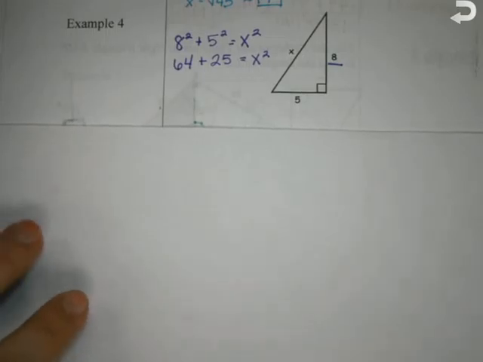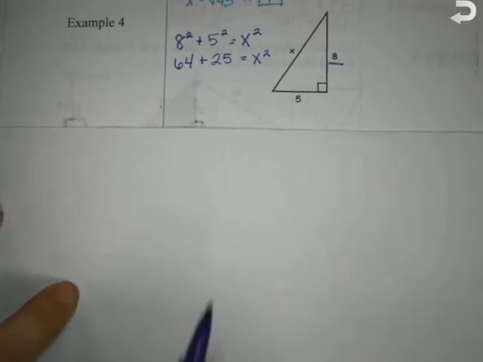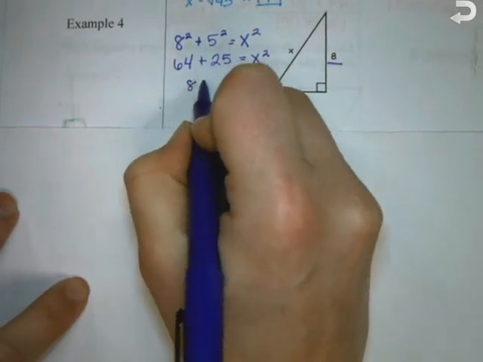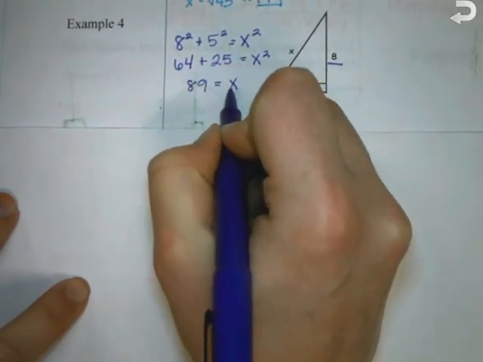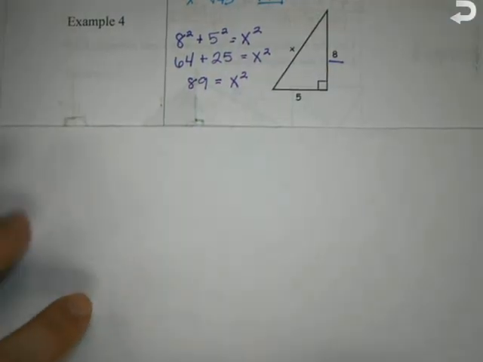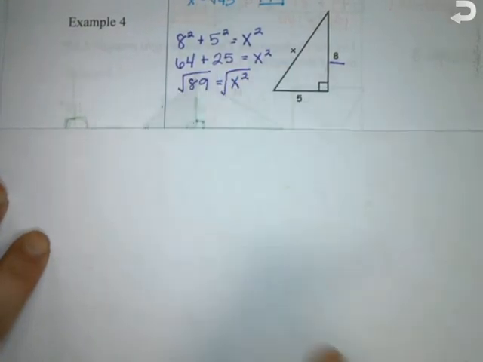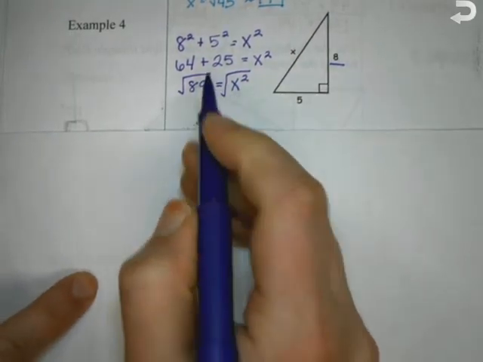So that gives me 64 plus 25, 89 equals x squared. And next step, Paula? Good, I take the square root of both sides. Square root of x squared is x equals square root of 89.